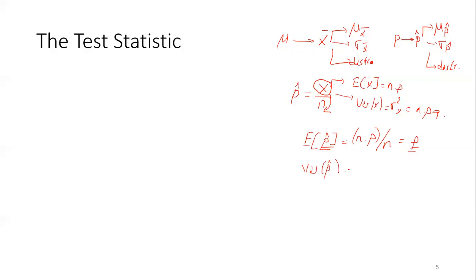The second thing is the variance of p hat. The variance of p hat is the variance of x divided by n, which is equal to the variance of x divided by n squared. This is equal to n times p times q divided by n squared, which is equal to p times q divided by n. So this is the variance of p hat, and this is the expected value of p hat.